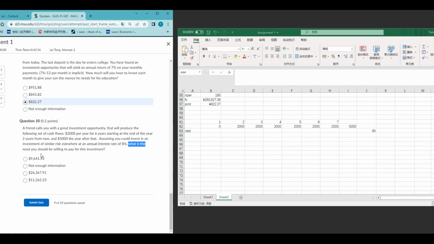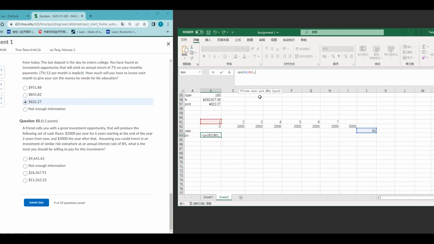The question is, what is the most you should be willing to pay for this investment? So the answer wants us to find the present value of this total money. So we use the PV function. The rate is here, and NPER is here.